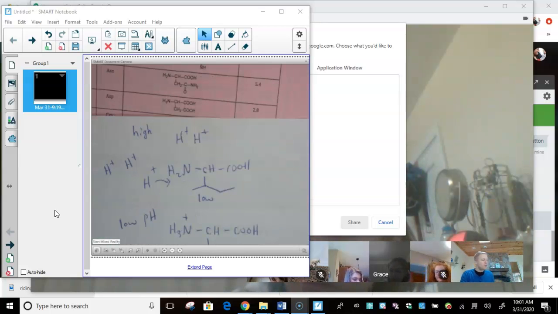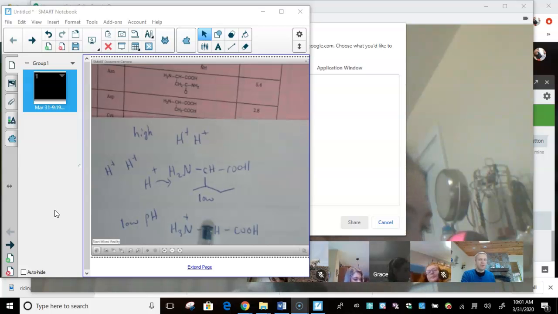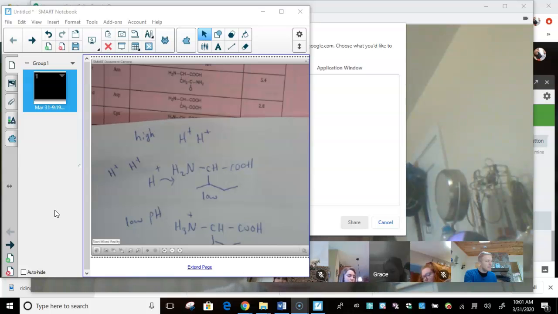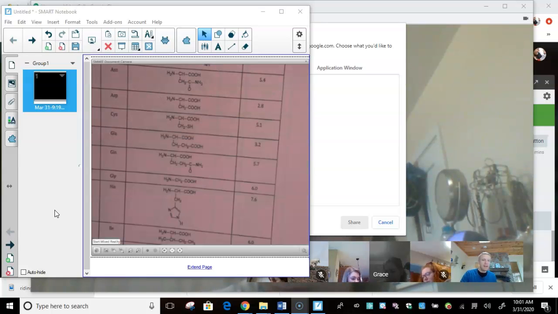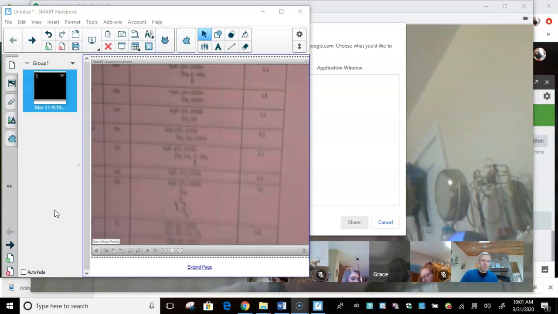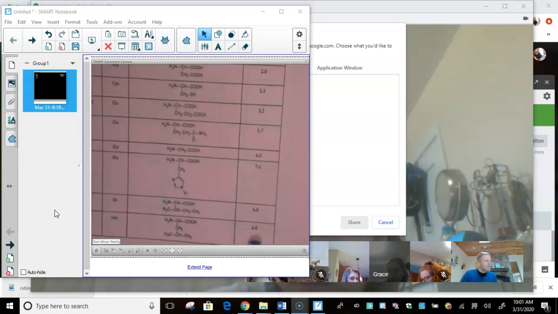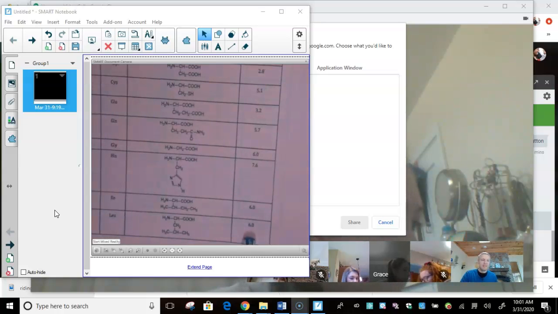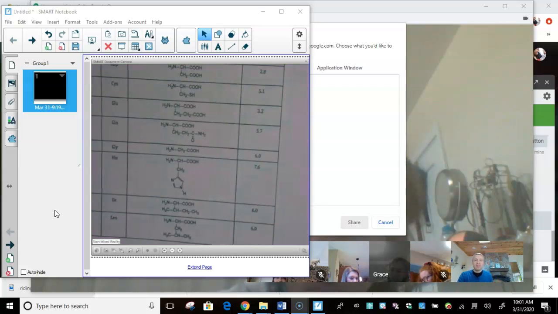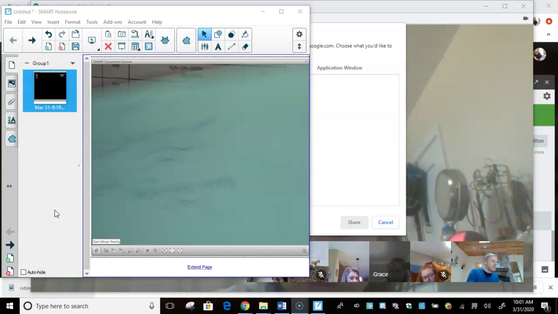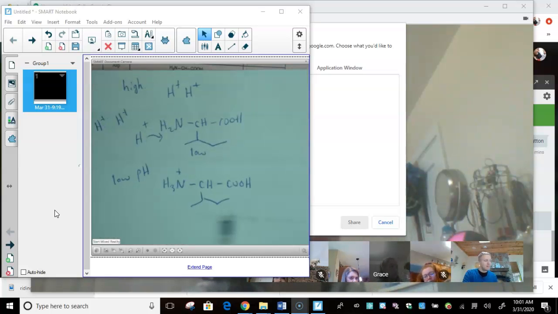Alright, so this type of situation for leucine is going to be happening if you have a pH of less than 6. So we're currently in a pH environment of 5, which is less than 6, but that creates an image like this, which is positively charged.